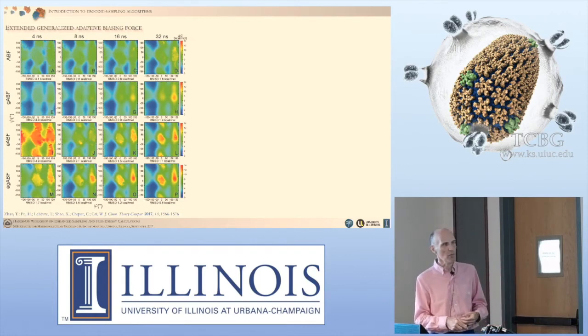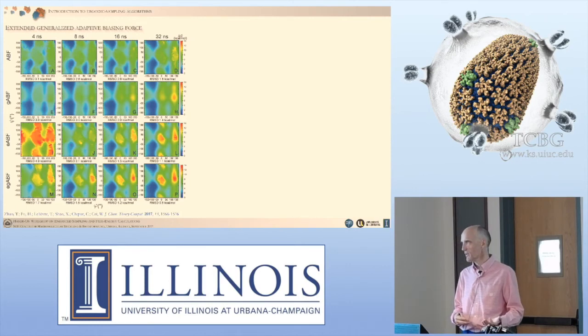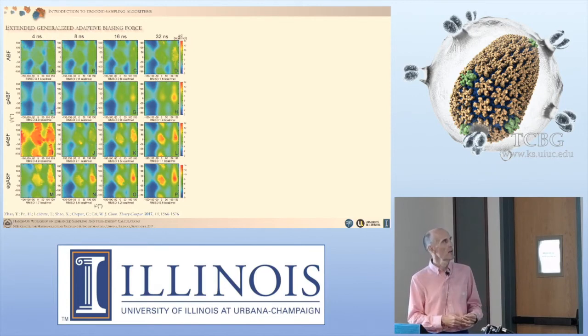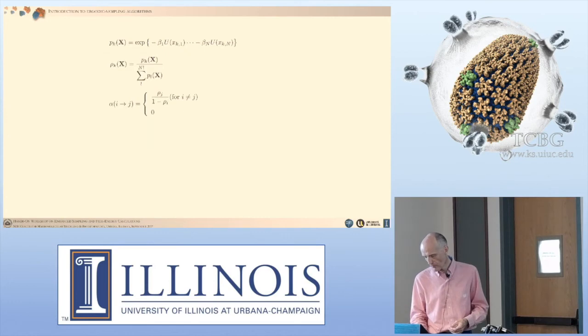We calculate the RMSD of the gradients of the map with respect to this reference. And as you can see, EGABF is the fastest to get you close to the reference map. I will pass that.